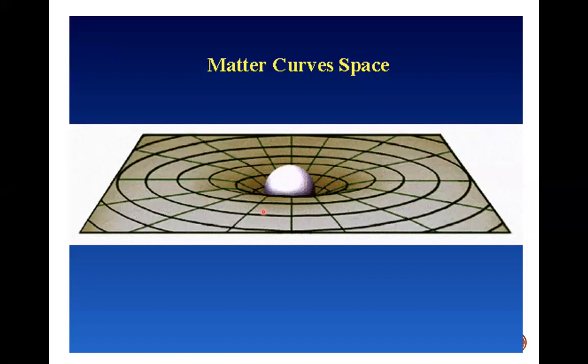Think about taking a somewhat larger blanket, attaching four ropes to the four corners of the blanket, and then stretching it to make a flat surface, right? And then what would happen if you put a heavy ball or something like that on the center of the blanket?